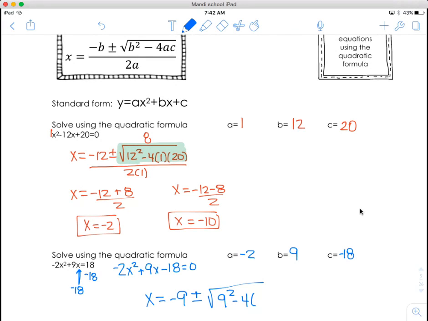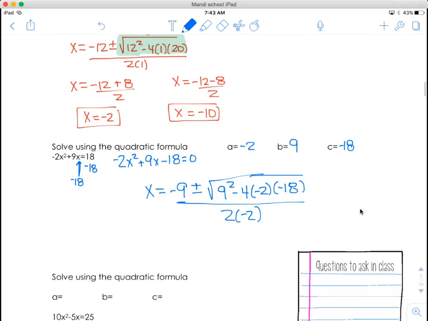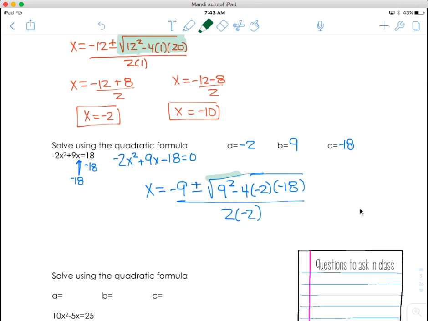Minus 4 times a times c, all over 2 times a. So once again, take all of this, put it in your calculator, see what you get. Square root of 9 squared minus 4 parentheses negative 2 parentheses negative 18.